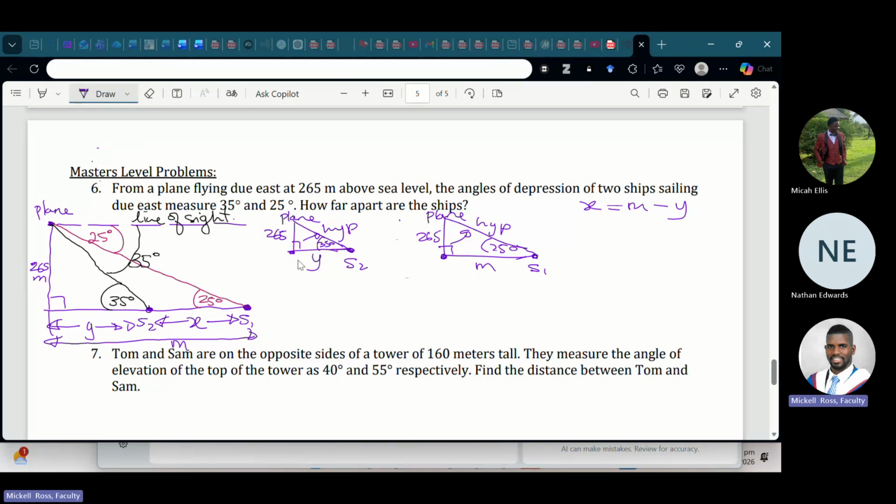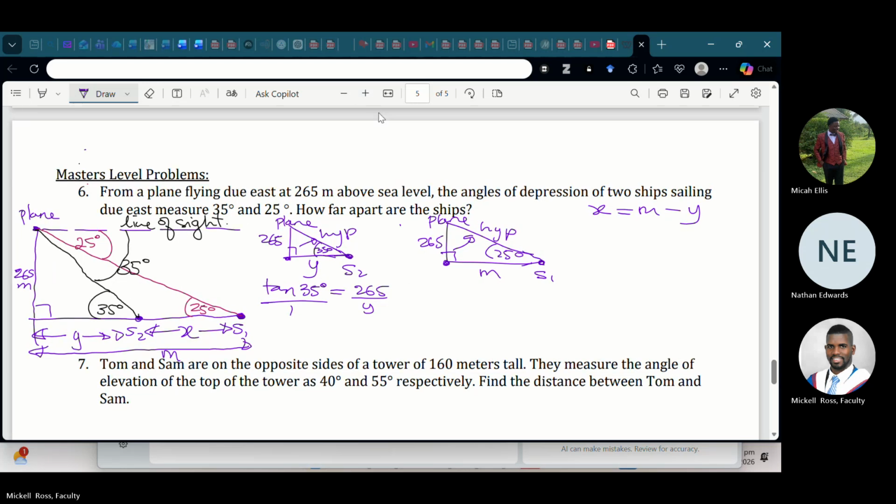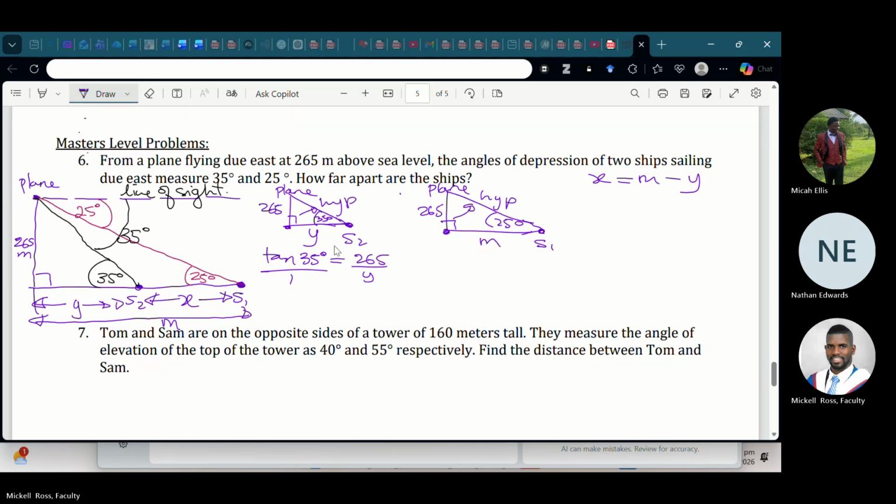Based on the shape, we are using tan, which is going to be tan of the angle 35 is equal to the opposite side, which is 265, all divided by the adjacent. y times tan 35 is equal to 265, divided by tan 35, divided by tan 35.